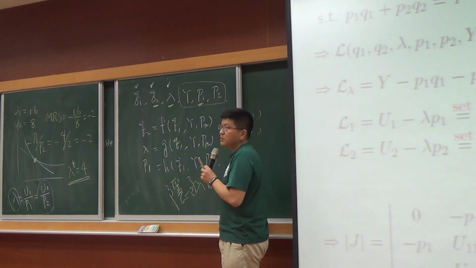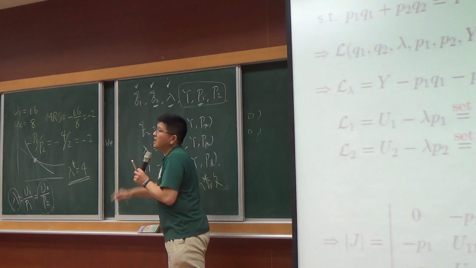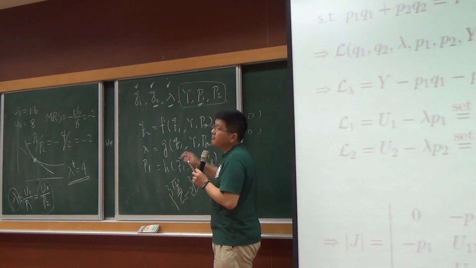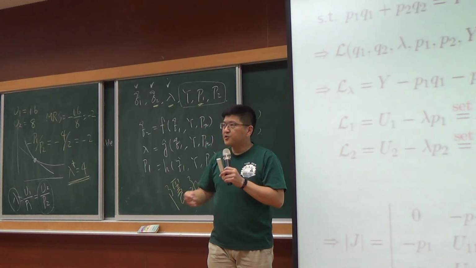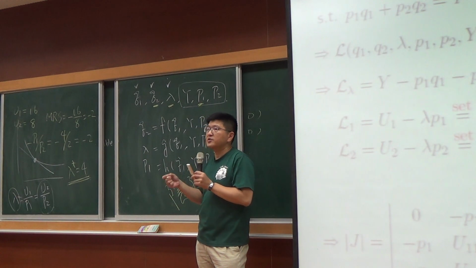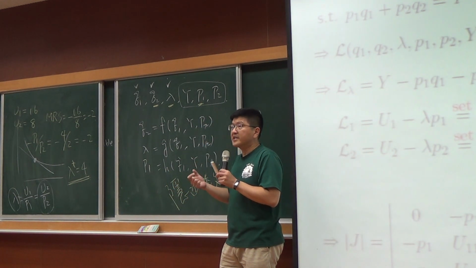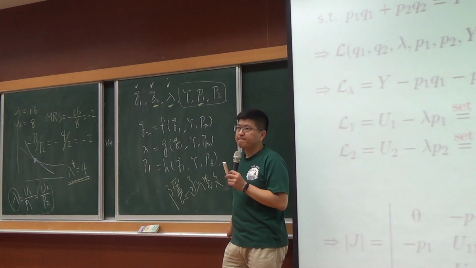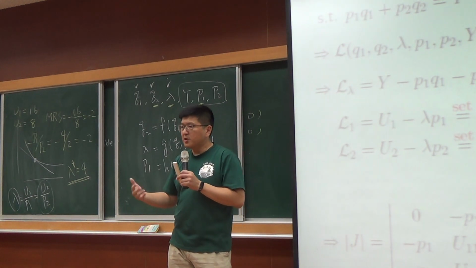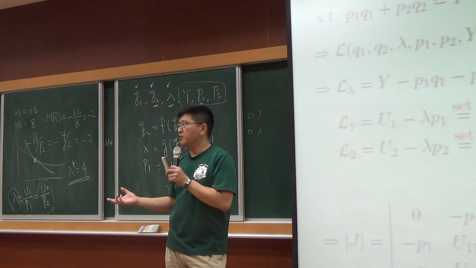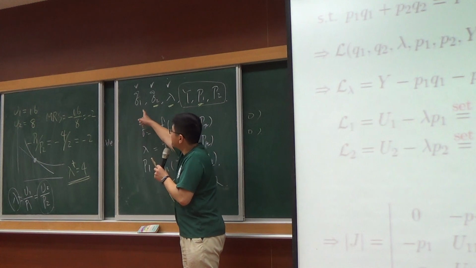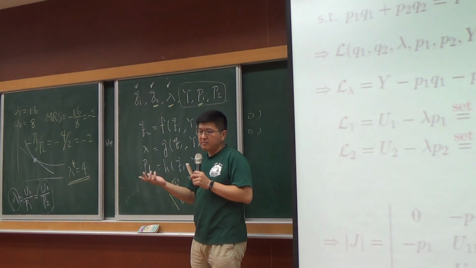The reason is that they are endogenous variables we may choose, we may decide. And these 3 variables are exogenous variables, external to the model. We cannot decide, we can just accept them as exogenous. So we know how much money we have, we know the market prices of the goods, and we want to decide the quantity we consume, and also the multiplier.